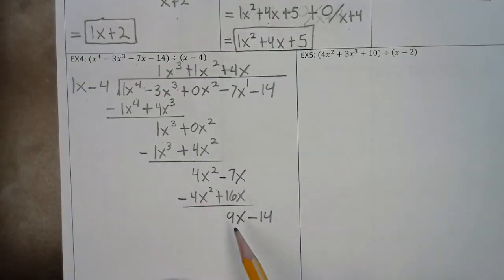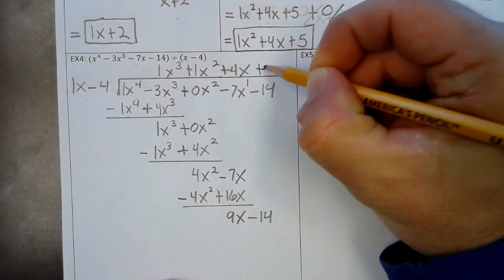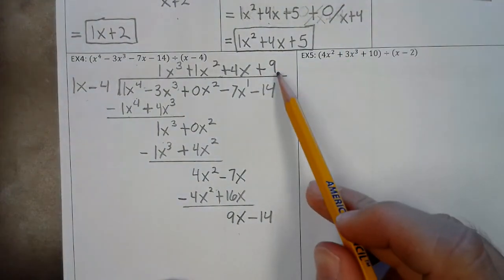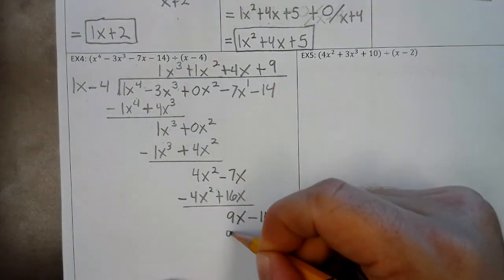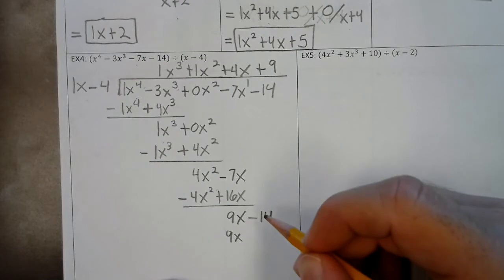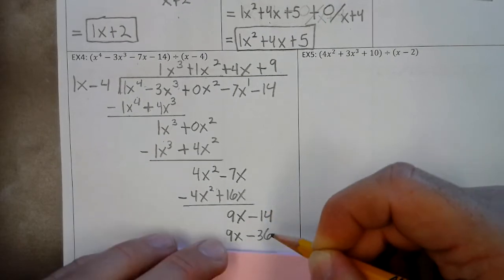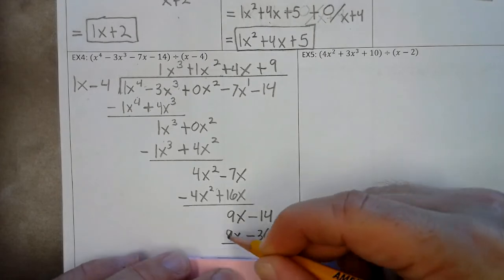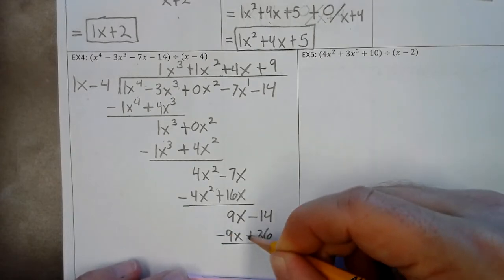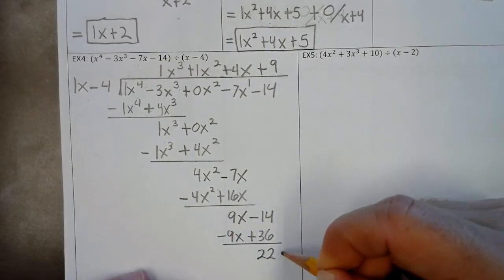How many times does 1x go into 9x? Well, that's plus 9. So then you multiply 9 times 1x minus 4 is 9x minus 36. We subtract. Subtract a minus becomes a positive. You're left with the remainder of 22.